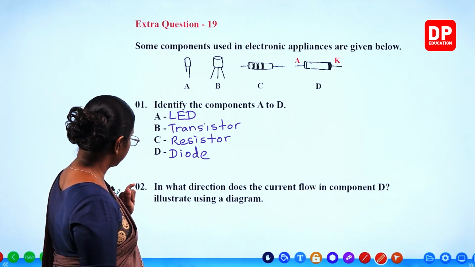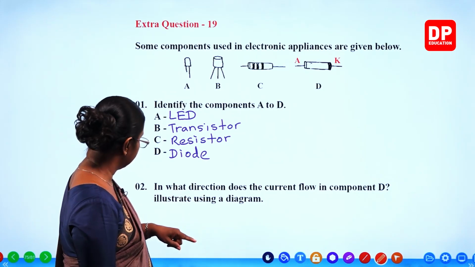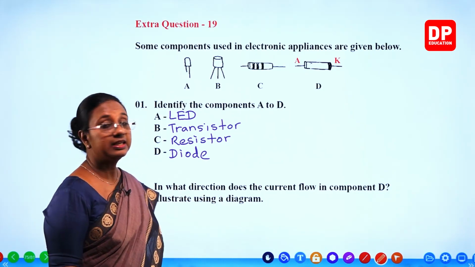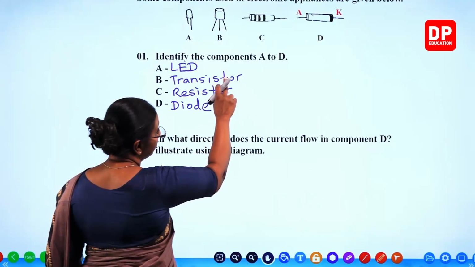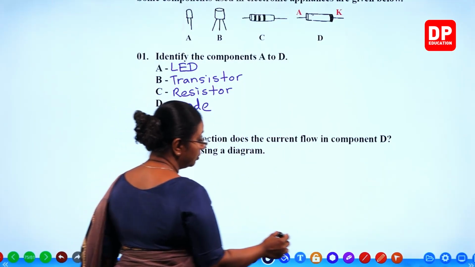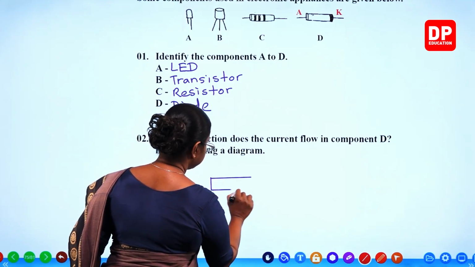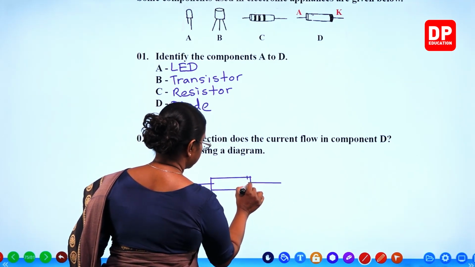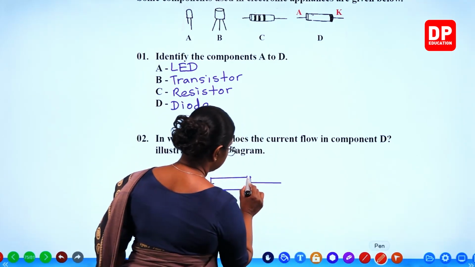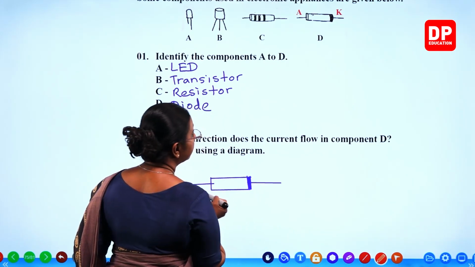Then the second question. In what direction does the current flow in component D? Illustrate using a diagram. If you are to illustrate using a diagram, you all know current flows from anode to cathode. So here this is the part where you get the color band.